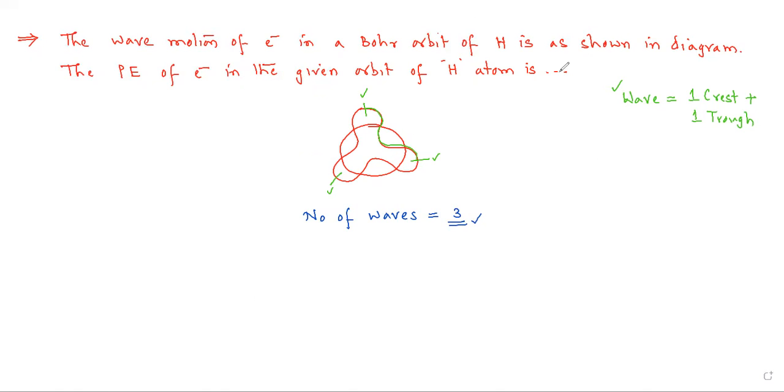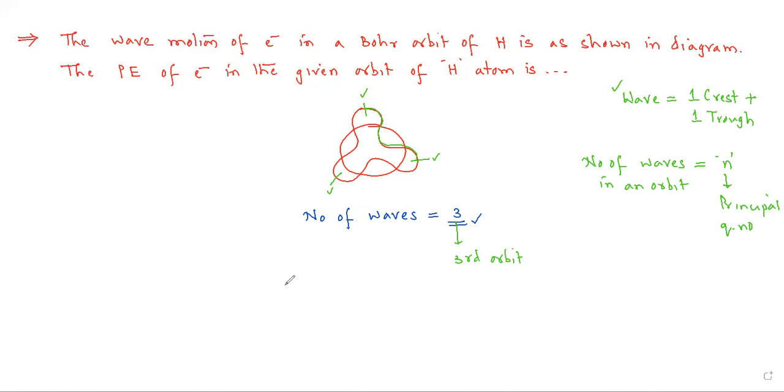And you know that the number of waves in an orbit is equal to the principal quantum number. So here it is referring to the third orbit.